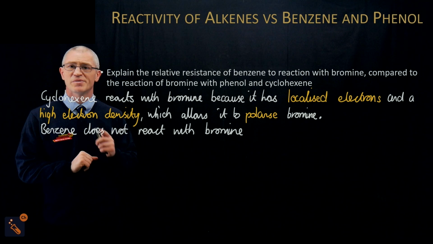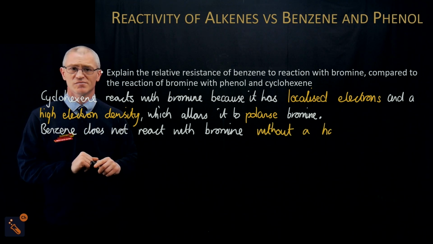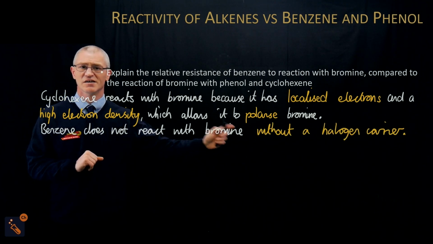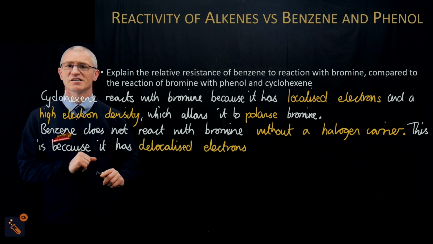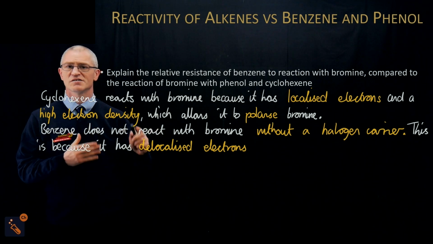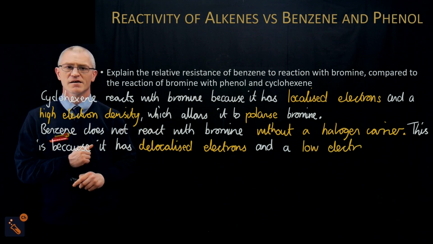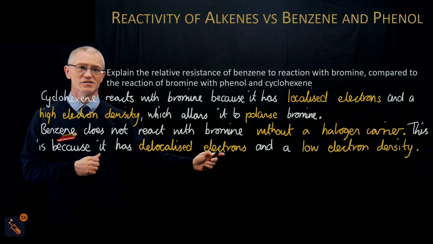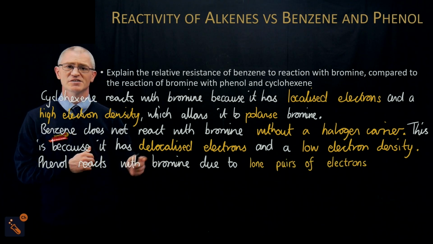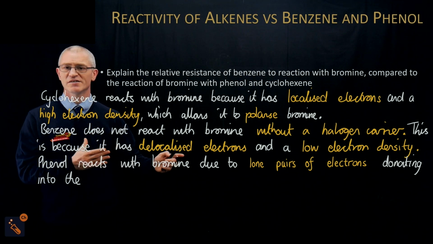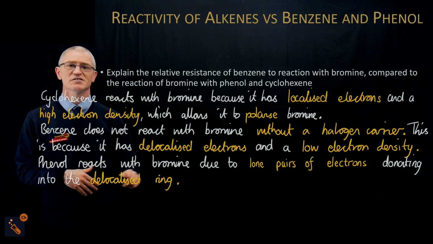Now, we then talk about benzene. Benzene does not react with bromine without a halogen carrier. So again, another marking point. This is because it has delocalized electrons. So again, we're going on this localized, delocalized. And therefore, we're talking about electron density again. Phenol reacts with bromine due to lone pairs of electrons. Again, we're talking about where those electrons come from, donating into the delocalized ring.